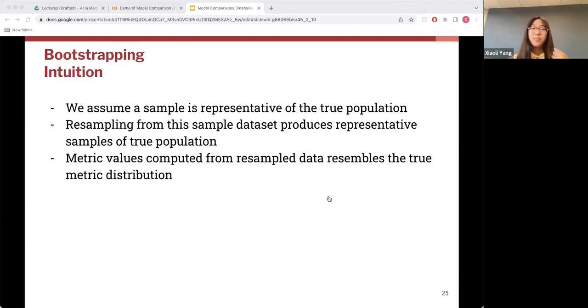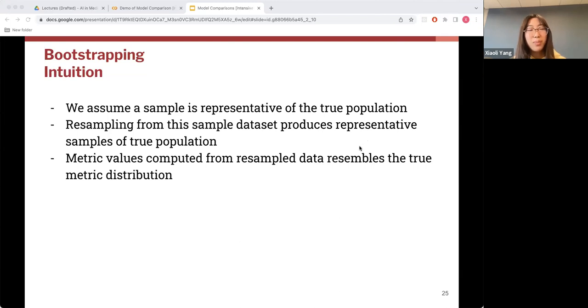Let's go into it. First, a bit of intuition for bootstrapping. Bootstrapping almost works magically, and the mathematics behind it might be a little too complicated, so here we will only do a really sketchy introduction of its ideology. Bootstrapping works like this: first, we assume that a sample is representative of a population.